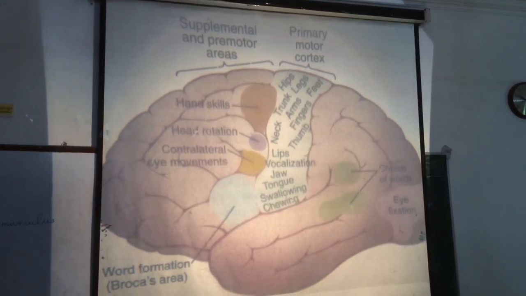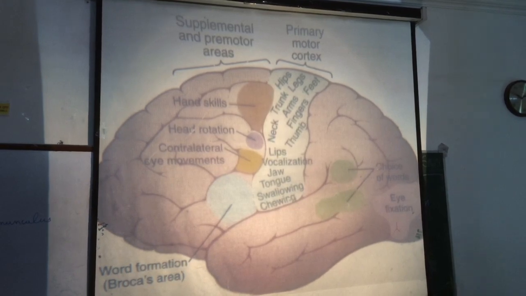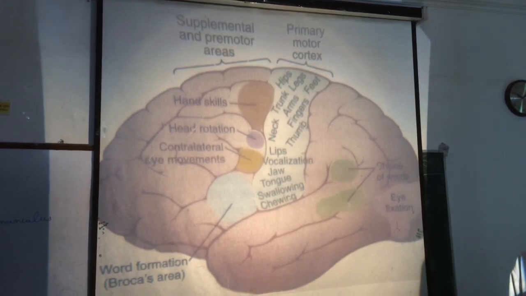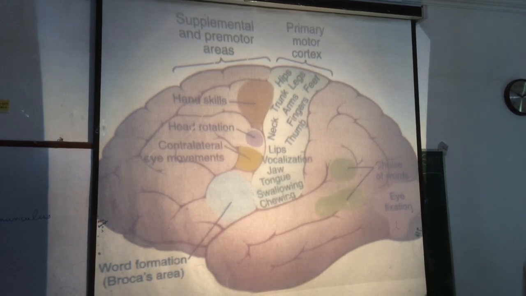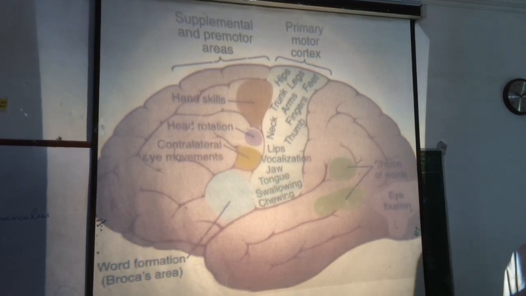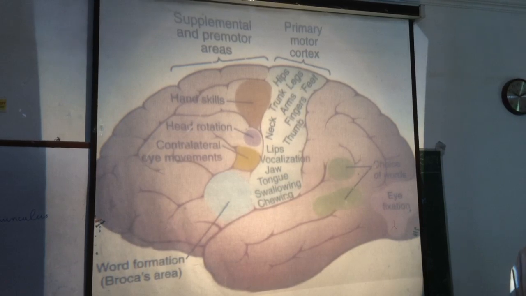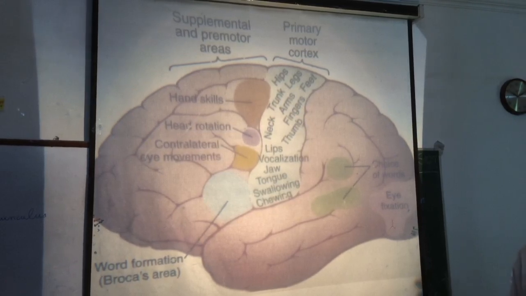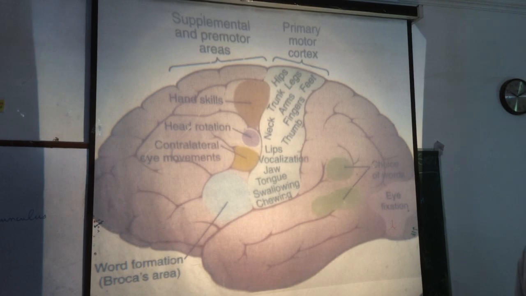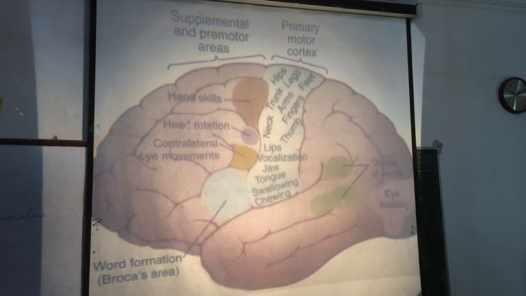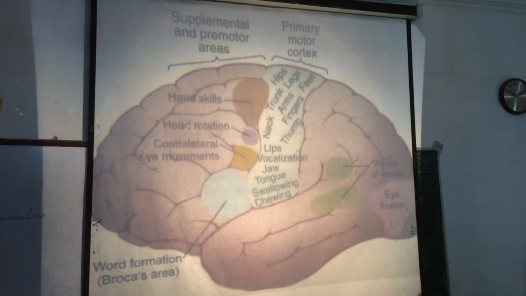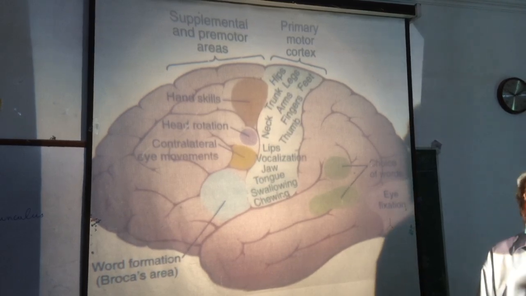In the premotor area, Brodmann's area 6, there is also body parts representation. It occupies the superior, middle and inferior frontal gyri.